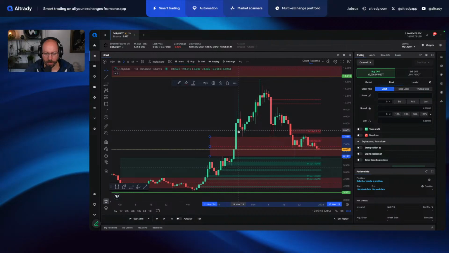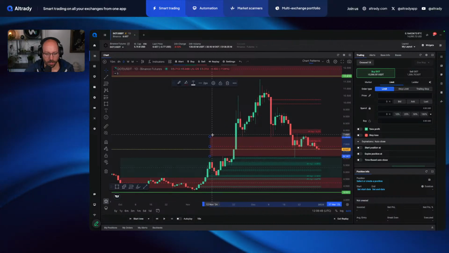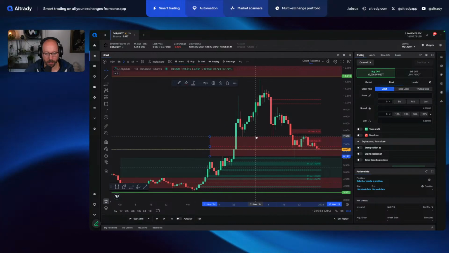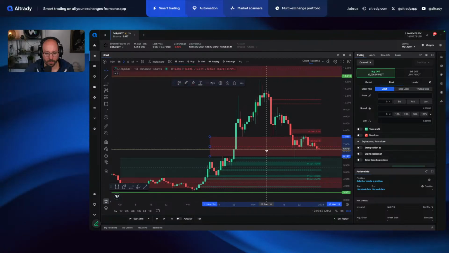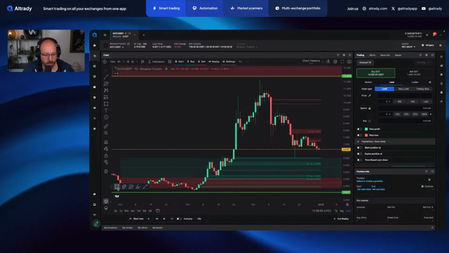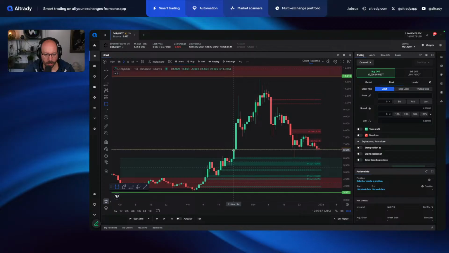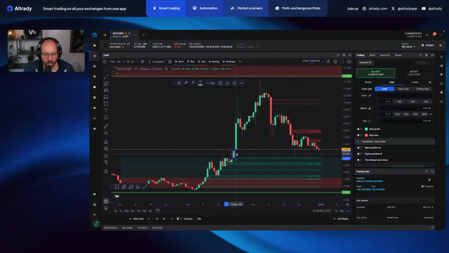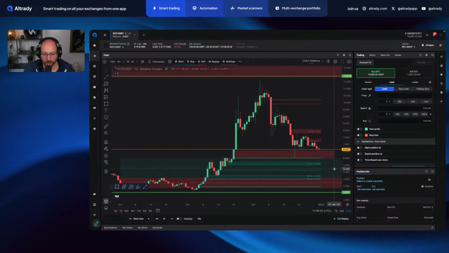Fair value gap from here, but let me just draw that again because I think it's outside of the screen. We've got the fair value gap here. That was not a fulfill now.